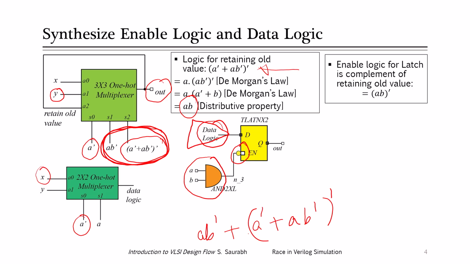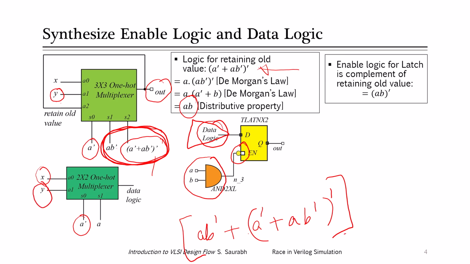Because whenever AB complement is true, it should produce Y, and whenever (A complement + AB complement) whole complement is true, the data logic can be anything. If we assume that it takes a value of Y, then we can take this entire function, and whenever this is true, Y will be produced.